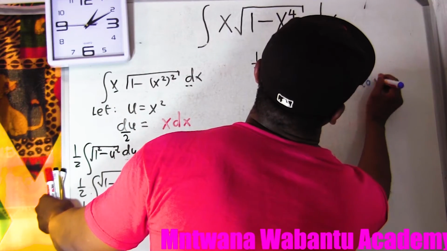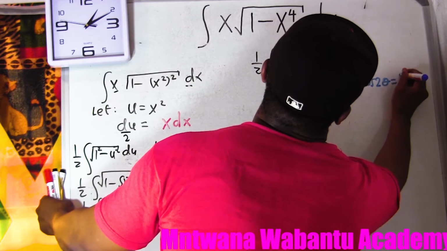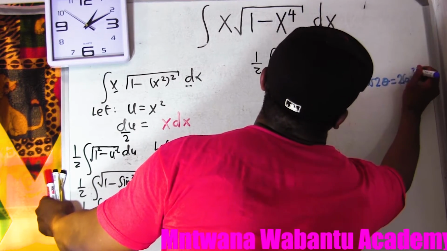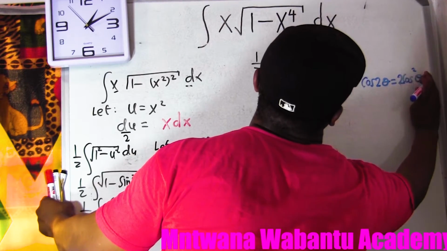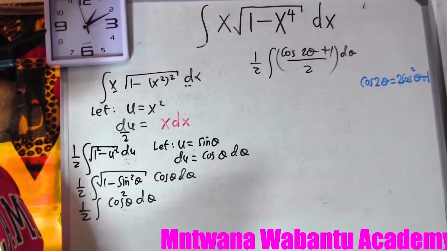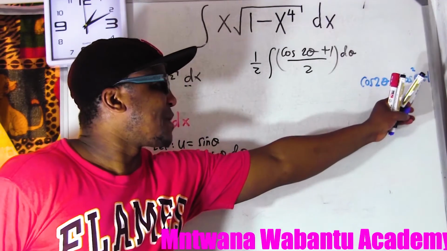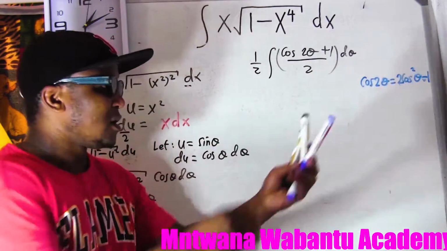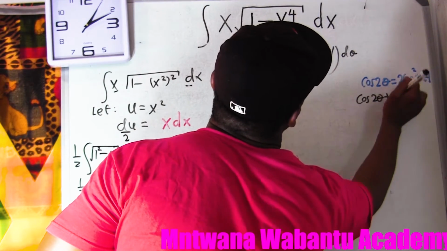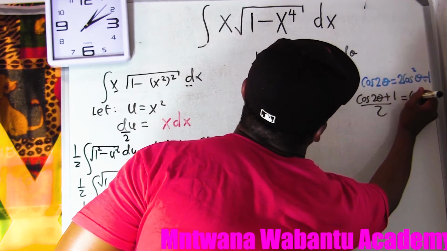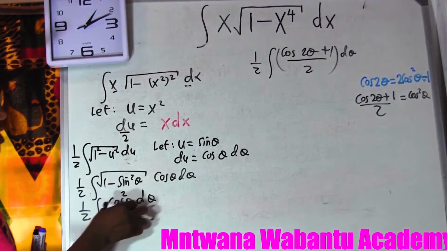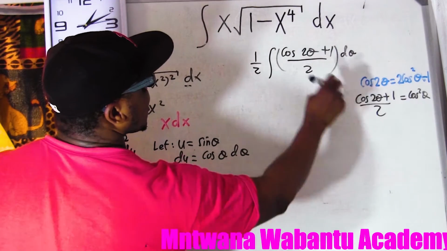If somebody gives you cos double angle, this is the same as 2 cos squared angle minus 1. See that? So now if I want to make cos squared the subject, this 2 is going to come over, so that's why this is cos double angle plus 1 over 2. This is going to give cos squared theta. That's why I replace cos squared theta with cos 2 theta plus 1 over 2, which is this one.